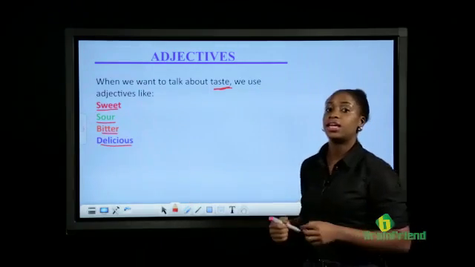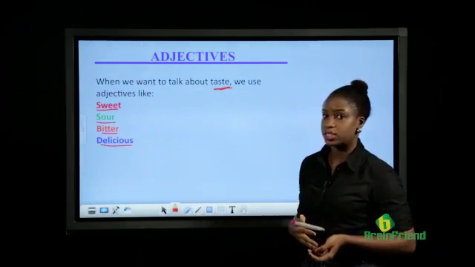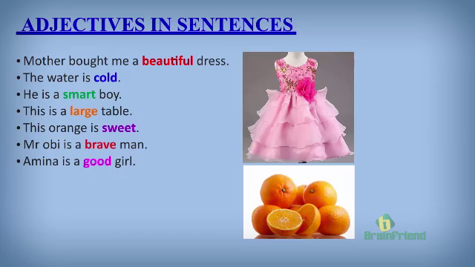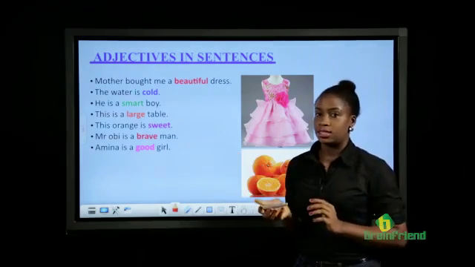You can say these oranges are sweet, or these oranges are sour. The words sweet and sour tell you more about the noun oranges. They are called adjectives.